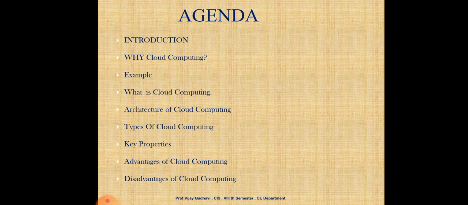Okay, now further, a cloud may be limited to a single organization, that means you can also call it an enterprise cloud, and it may also be available to multiple organizations, that means a public cloud. Cloud computing relies on sharing of resources to achieve coherence and economies of scale.